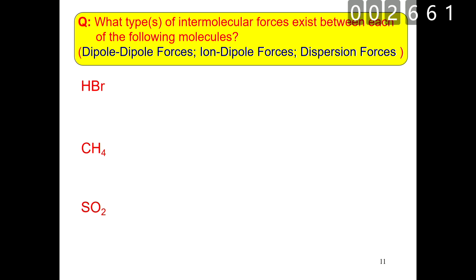So it has dipole forces. Is it only dipole forces? Dispersion too, because the shape of the HBr can also change. Yes. The third one, the last one: dispersion.